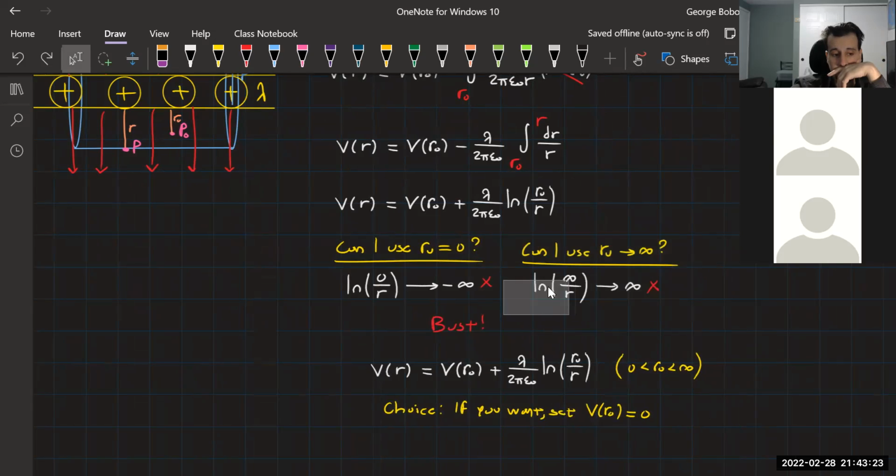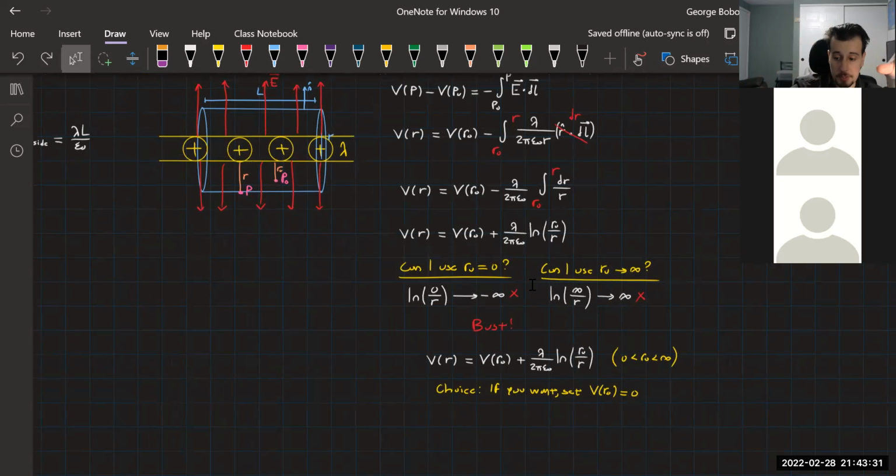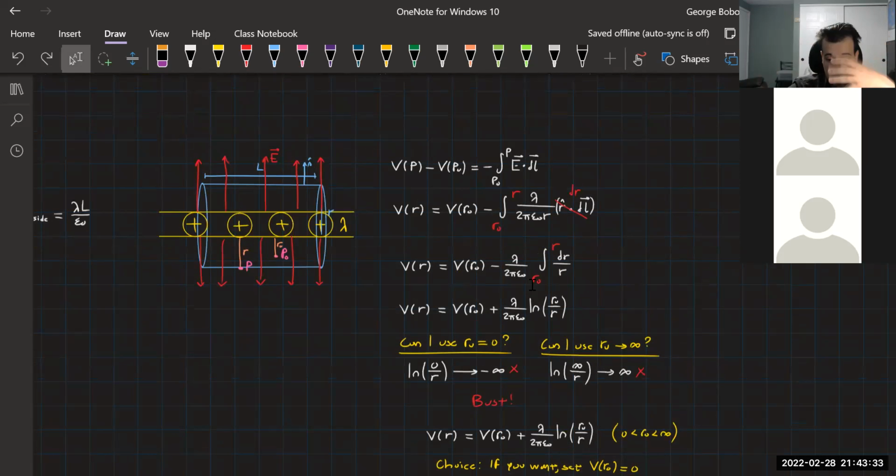Wait, for which case, sorry? Infinite charge distribution. So if it's an infinite line, an infinite plane. Yeah, there are exceptions, like the coaxial cylinder. You can use infinity for that one, but there's a reason. But 9 times out of 10, you cannot.